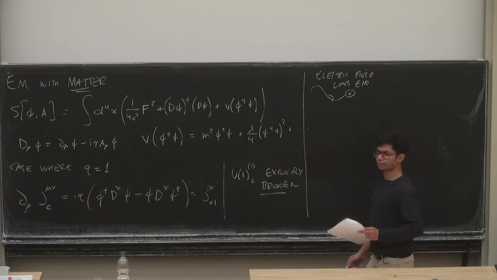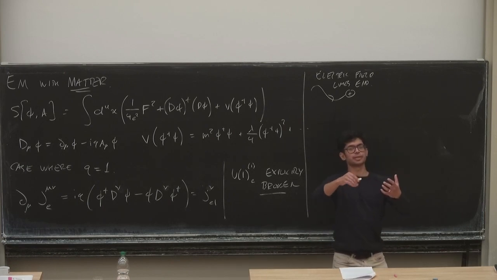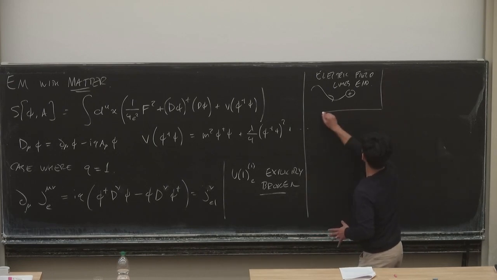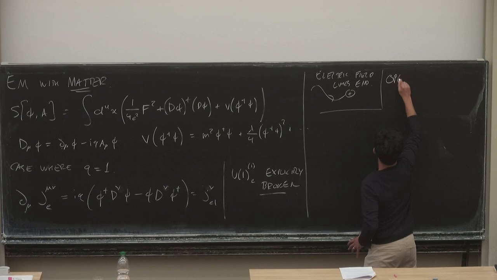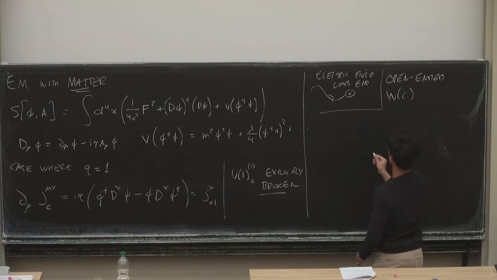And there's another way to see this. There's a new kind of object that I can draw now. Previously, my Wilson line operator had to be a closed loop. That is no longer the case anymore. I can now have an open-ended Wilson operator. So what does this look like?